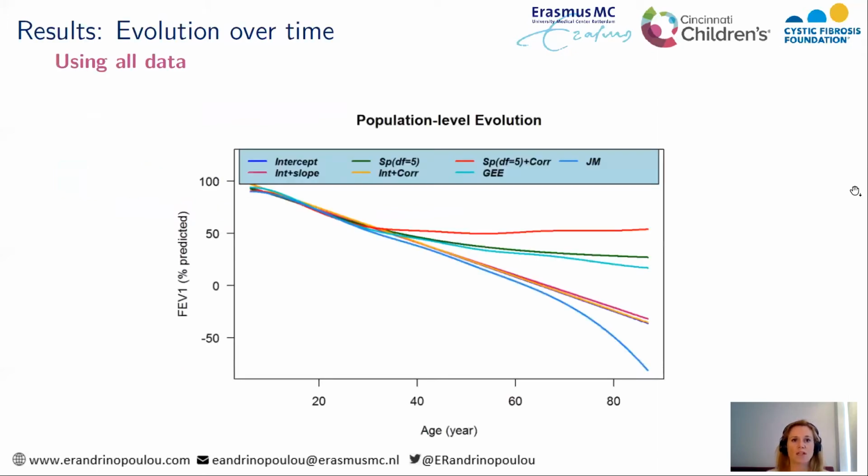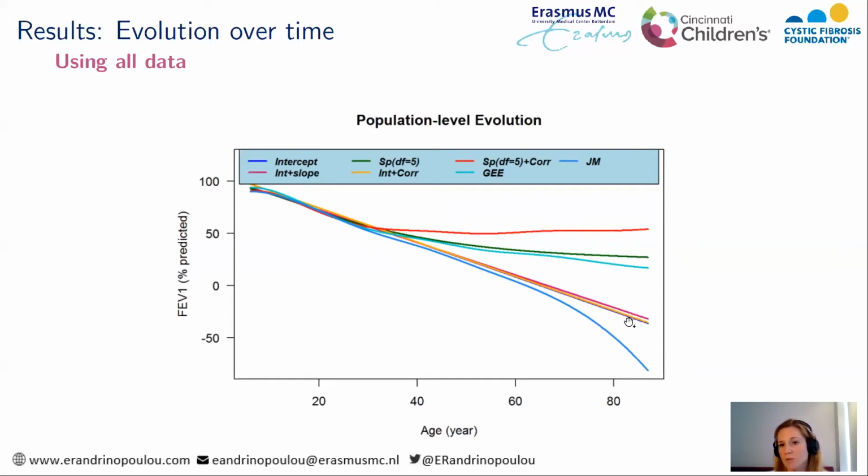In this plot, we can see the evolution over time, assuming all the data of FEV1, of course. And you can see that up to year 30, all models perform the same, and then we see some differences. For example, these first 3 lines represent the nonlinear models, nonlinear mixed models, and generalized estimating equations.